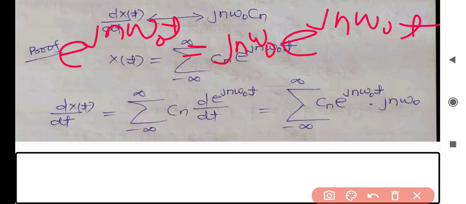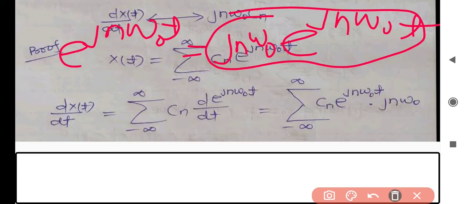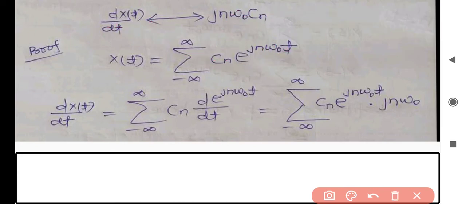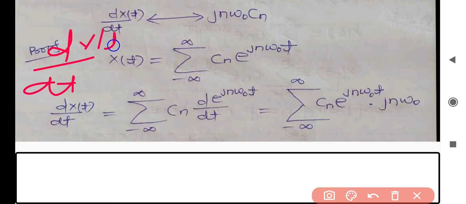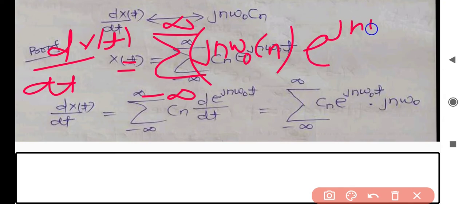So the term e power j n omega naught t will be replaced by this term after differentiation. Then the equation will become d by dt of x(t) equals the sum over n from minus infinity to plus infinity of jn omega naught Cn into e power jn omega naught t.